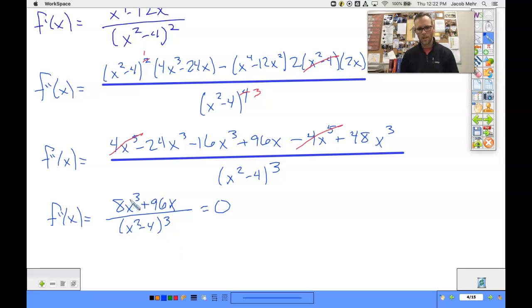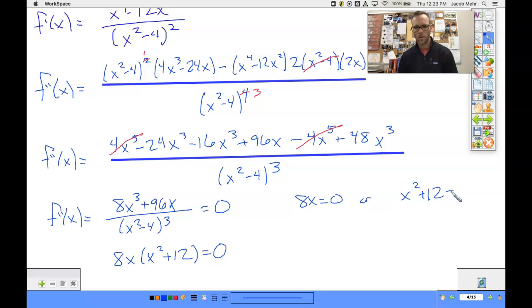I'm going to factor out, I think 8 goes into 96. Certainly does, 12 times. So I'm going to factor out an 8x, and then I have x squared plus 12. So I get 8x equals 0, or x squared plus 12 equals 0.